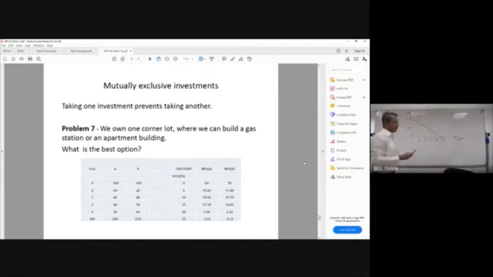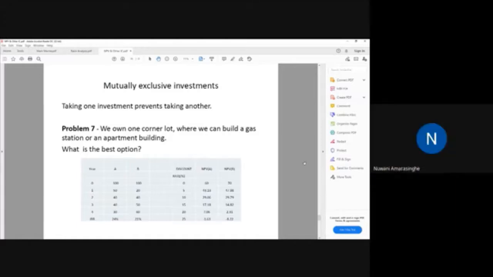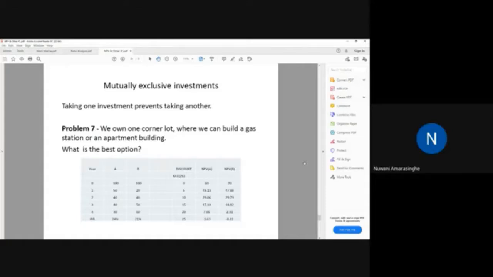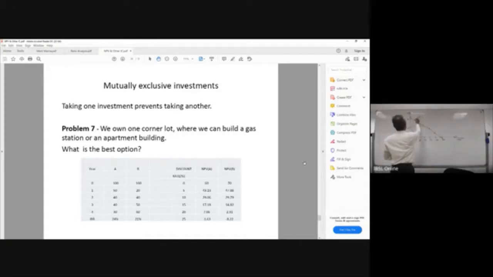Okay. Then B, also tell me at 0, NPV is 70 at 0. Okay. At 5%, 47.88, which is more than A's.